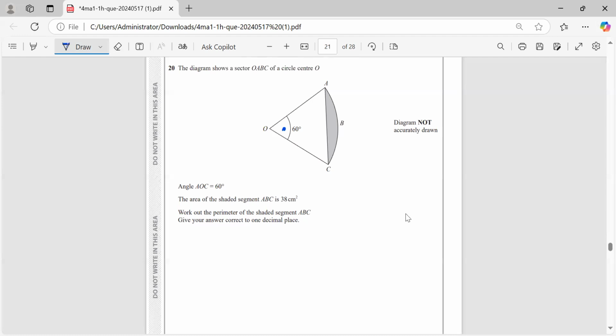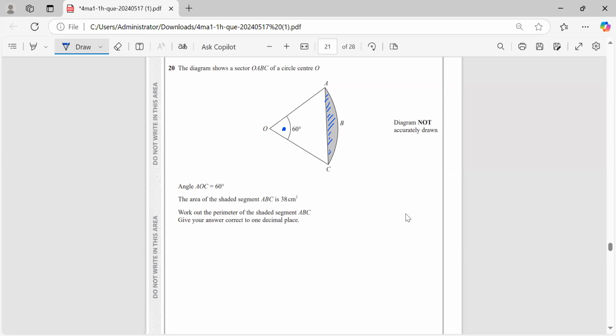The area of the shaded segment ABC is 38 square centimeters. So this is the shaded segment that they're talking about. Work out the perimeter of the shaded segment ABC. Give your answer correct to one decimal place.